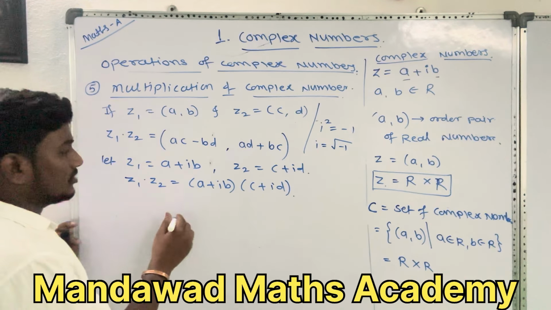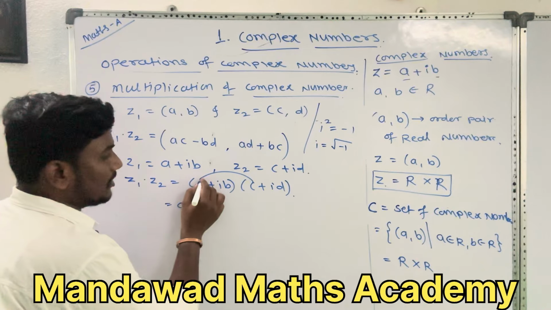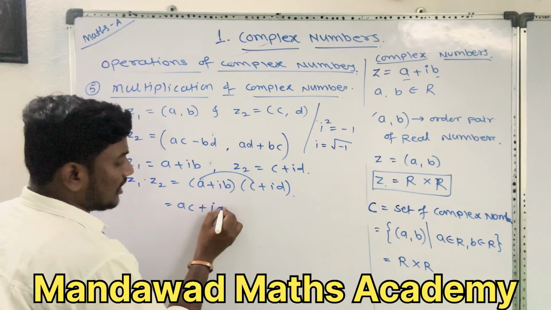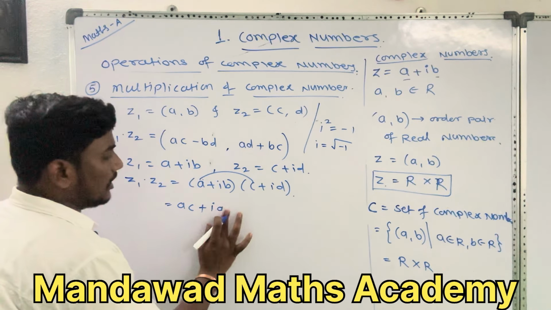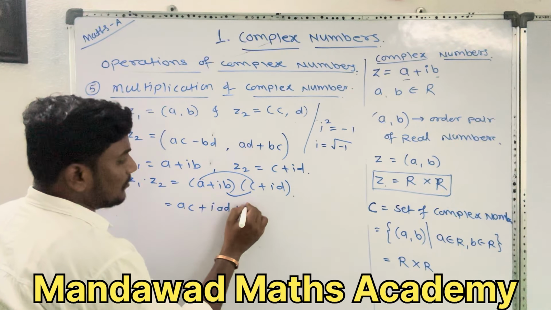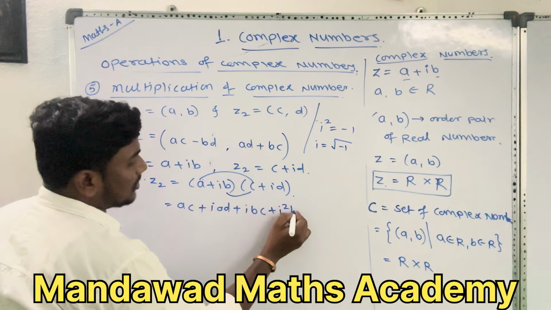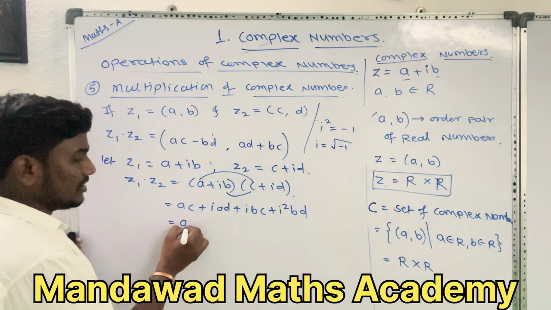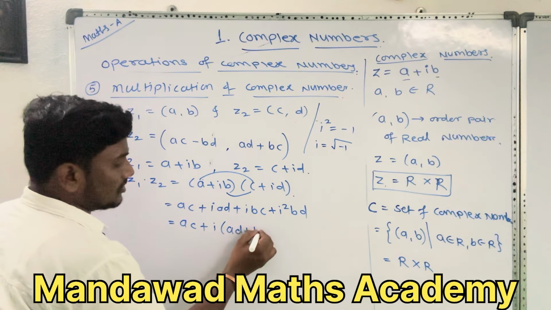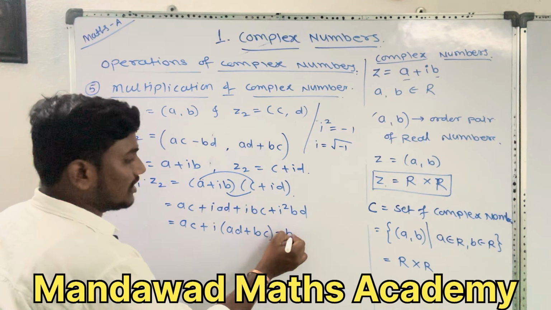So substitute in that: the first component A into C, then plus A into ID, means IAD, plus IB into C, IBC, IB into ID, plus I square BD. So AC plus I outside, here AD plus BC, here I square is minus 1, no need to write, you can write directly BD.